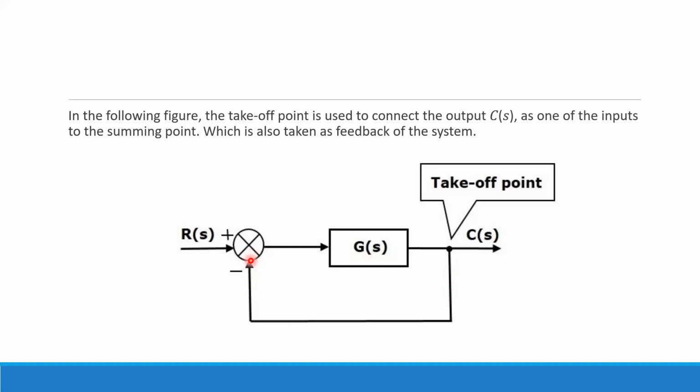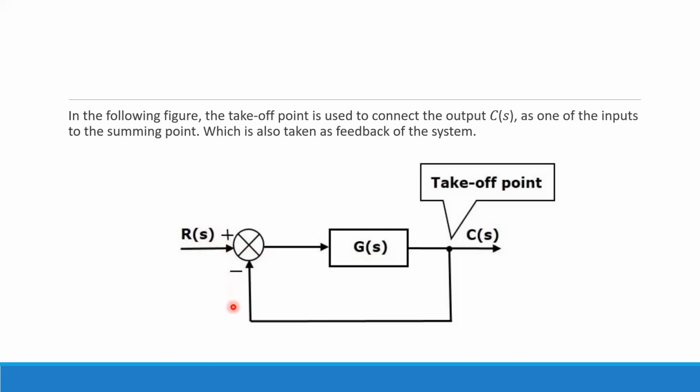We are giving it to the error detector. So this will be treated as an input signal for the error detector, or you can say it will be treated as the summing point. Now based on the amount of this signal, the output of this summing point will be calculated, because here we can see a plus sign, here we can see a minus sign.